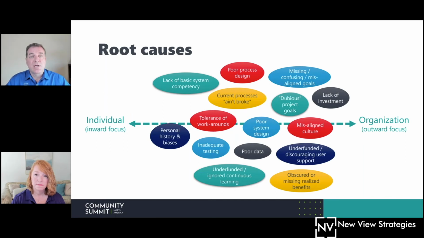Poor system design is one of those. I think typically in a system implementation, even in an upgrade, you sure better have some dedicated, worthwhile time thinking about what our processes are, how the software works, what we can do to take better advantage of the software, and really align those two concepts.